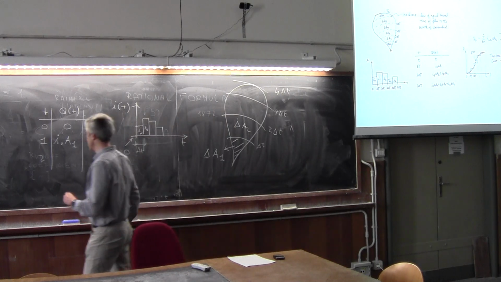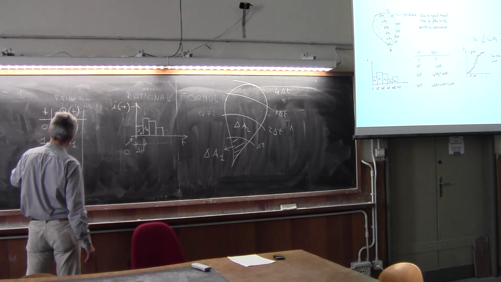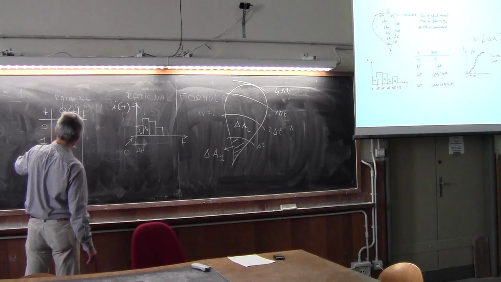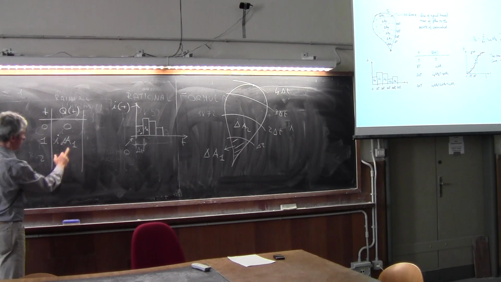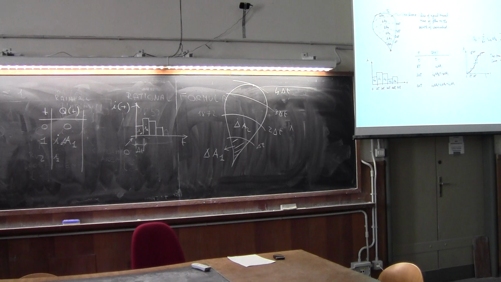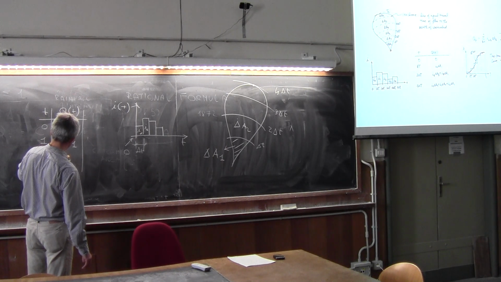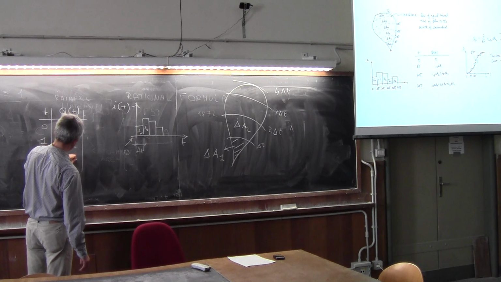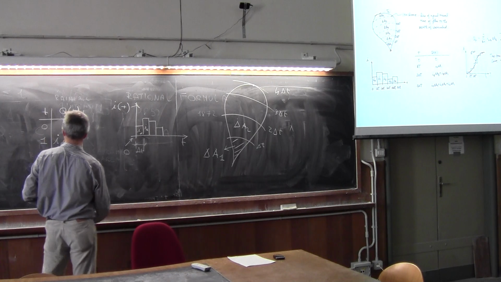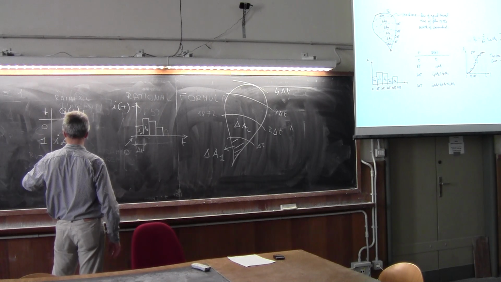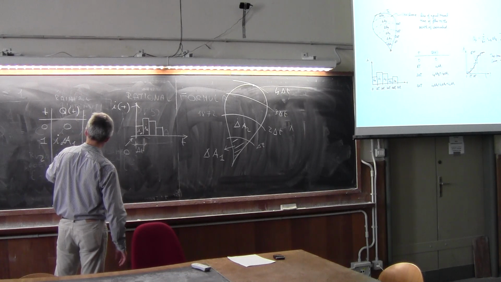So basically your river flow is given by I1, here, sorry, I forgot a delta. So I have I1 delta A1 plus I0 delta A2.